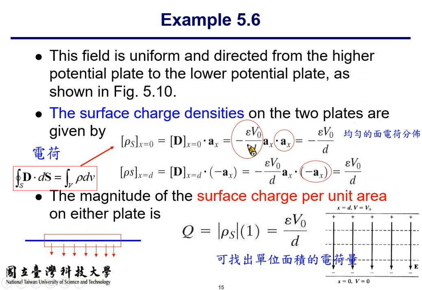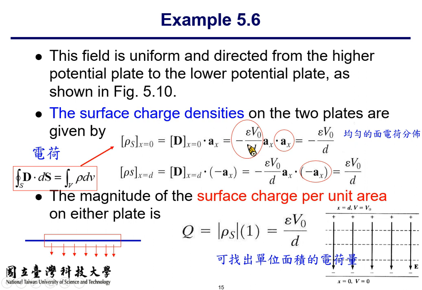Based on this expression, the charge density at x equal to 0, that is the bottom plate, or x equals d, can be found by taking the closed surface integral of electrical flux density.